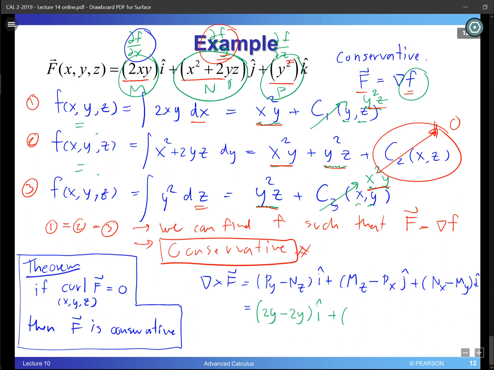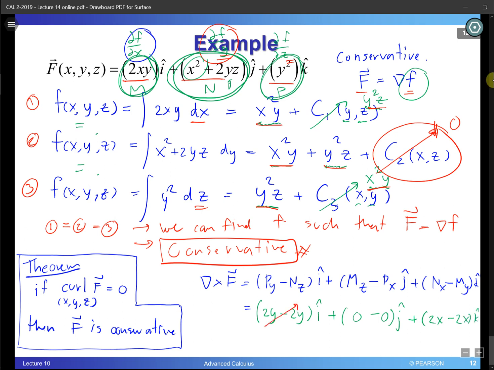We don't see z in there, so it comes out to be 0. P with respect to x, no x in there, equal to 0 here. Plus N with respect to x, I see x squared right here, so it comes out to be 2x. And M with respect to y. Differentiate this with respect to y, I get 2x, so minus 2x, k.